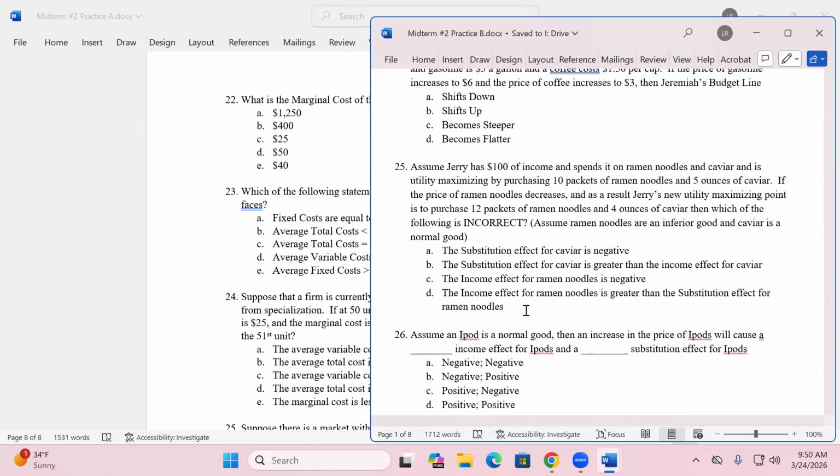It didn't have a price change, but we're thinking about the relative prices. So when the price of ramen goes down, the relative price of caviar went up, so I'm going to buy less of it. The substitution effect is simply I buy more of whatever has a lower price, less of whatever has a relatively higher price. Any questions on this before I keep moving?